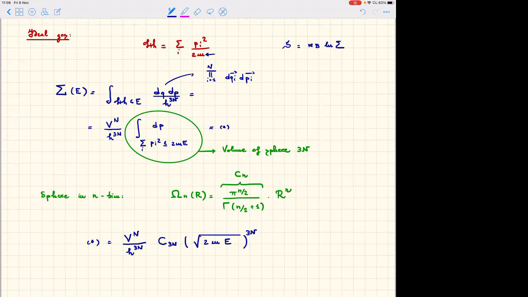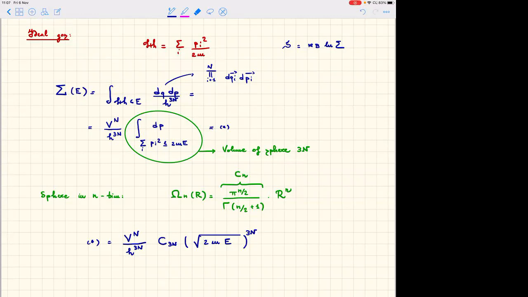Okay, so this is the motivation with which I'm doing calculations in the microcanonical ensemble, and I'm solving these exercises.